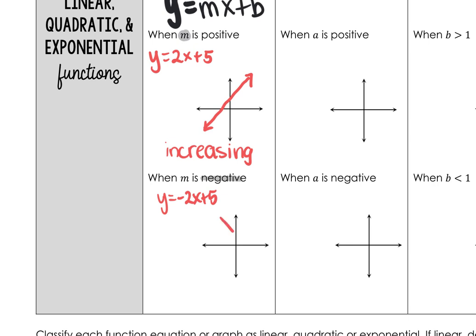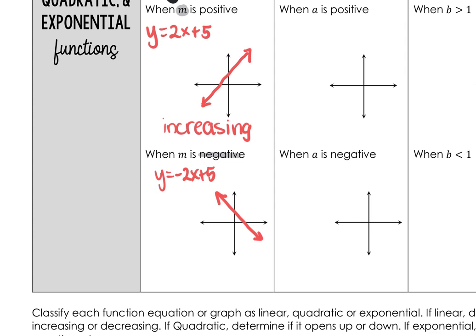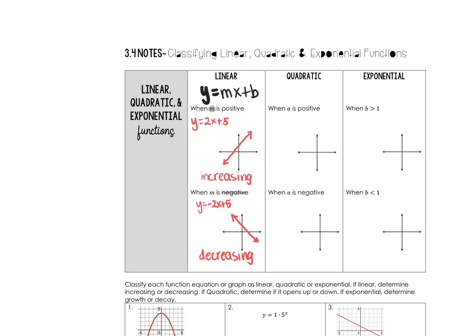So that is going to cause our line to be going down as we look at it from left to right. And if we have a line that's going down from left to right, then that function is going to be decreasing. So not only are we identifying these linear functions, but we're identifying whether they are increasing or decreasing.